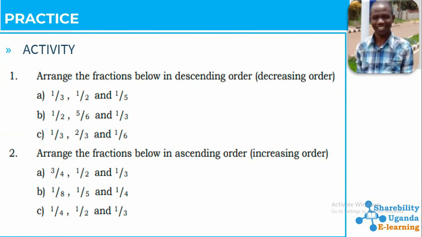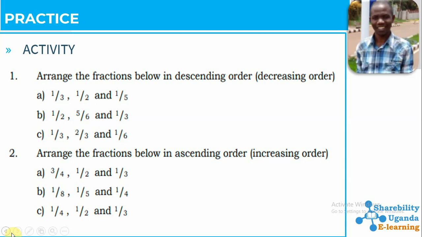So for the questions that have been given, in our part A we are having 3 out of 4, 1 out of 2, and 1 out of 3. Then our part B, we are having 1 out of 8, 1 out of 5, and 1 out of 4.